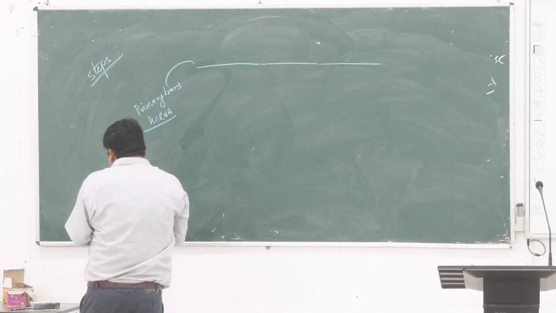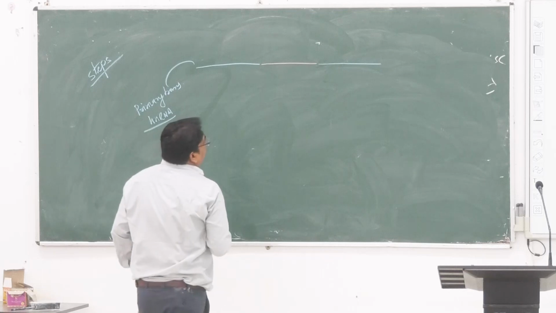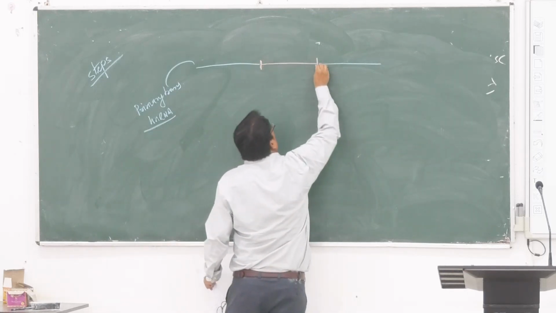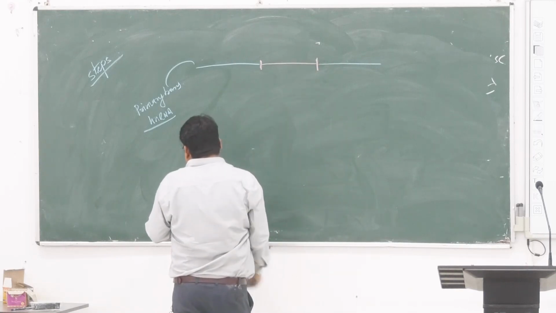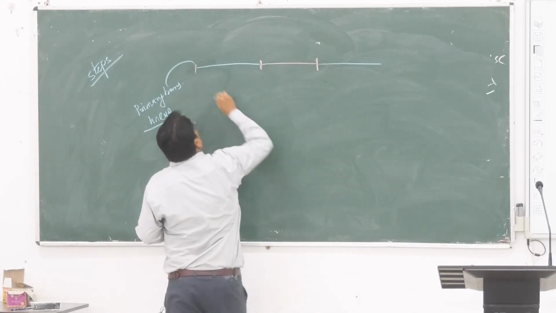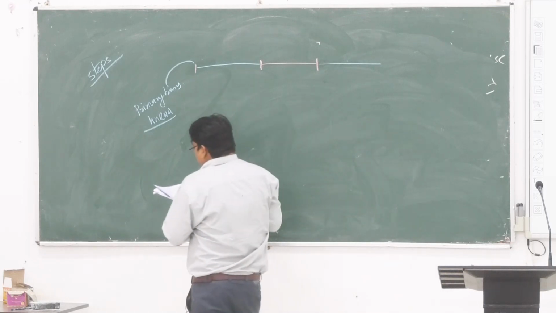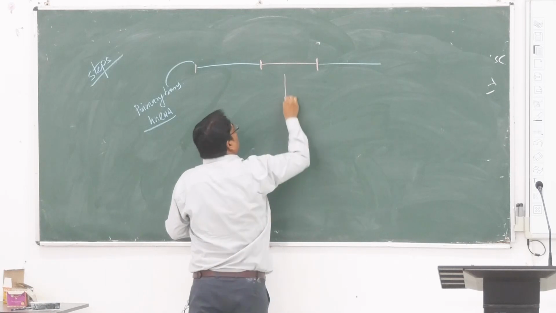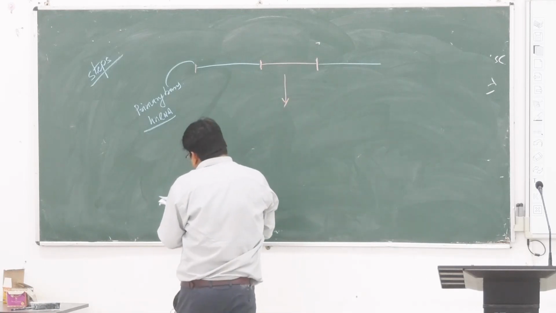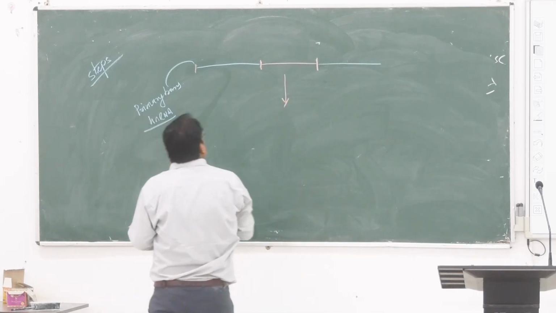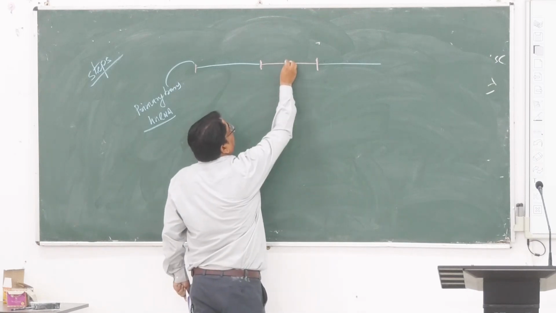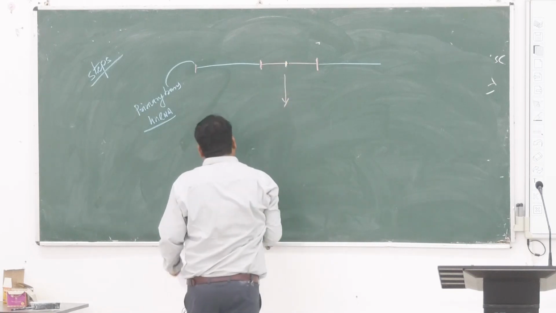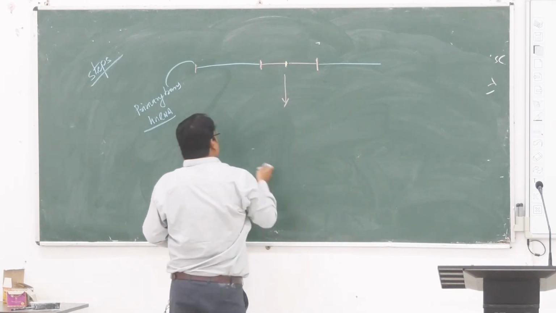So the first process is recognition of the particular intron. This is our intron part. The second step is that it cuts the intron part at the 5' point, and we also call this point the branch point.